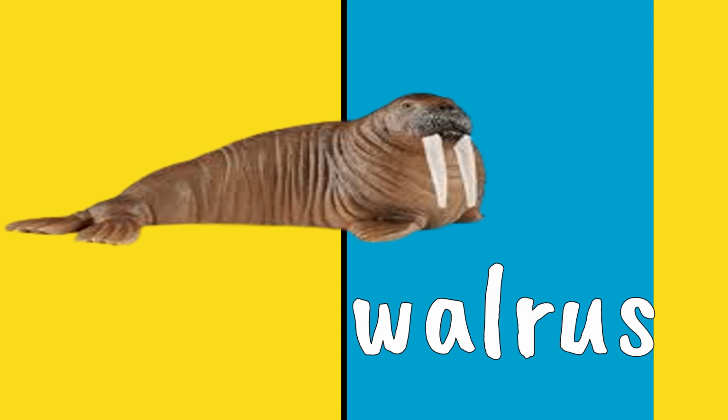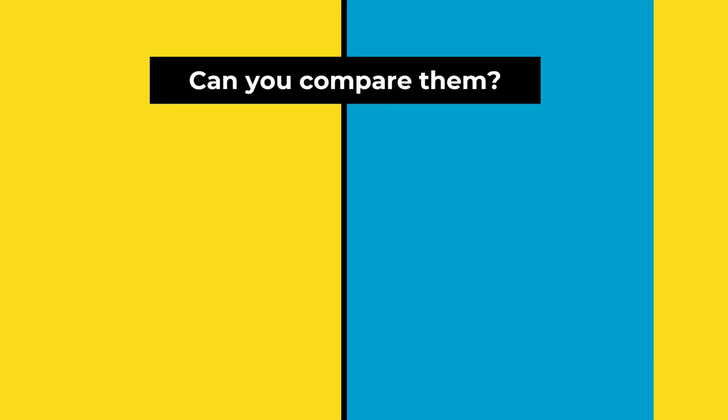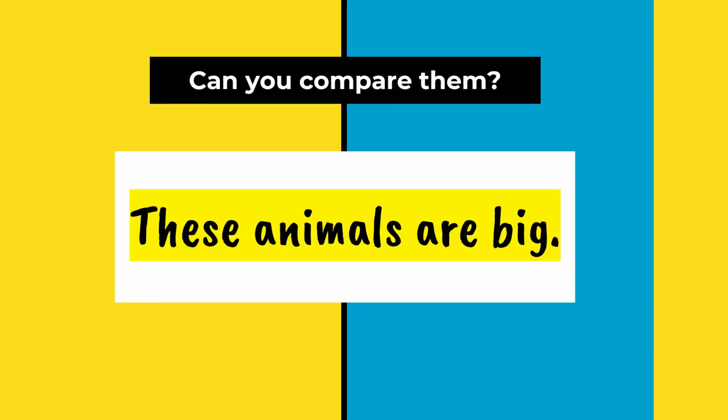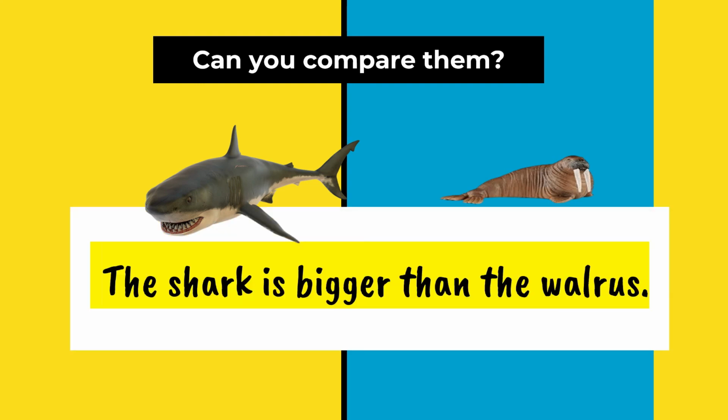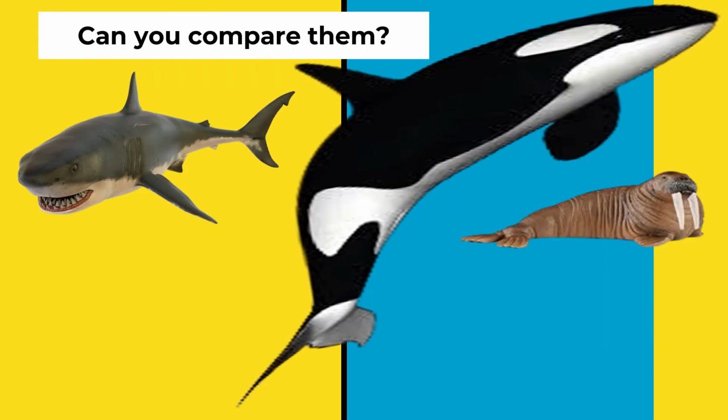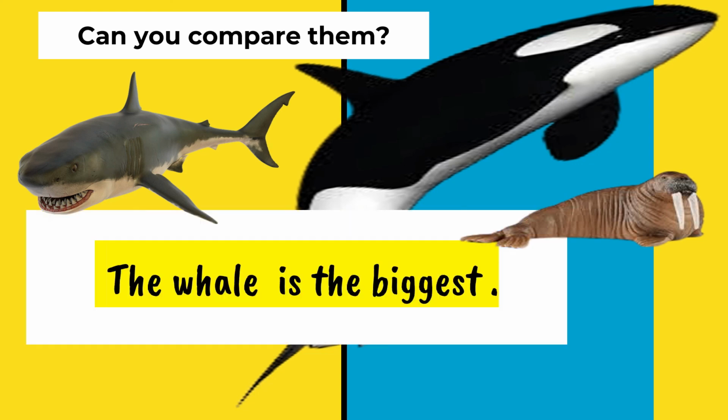What is the word? Can you compare them? These animals are big. Yes, obviously these animals are big. Can you compare them? The shark and the walrus. The shark is bigger than the walrus. Can you compare the three of them? The whale is the biggest animal.